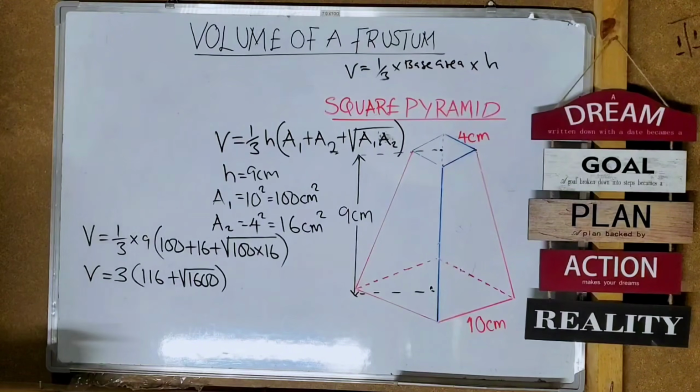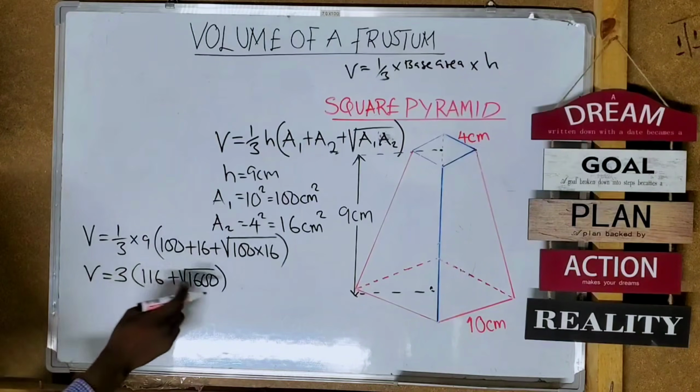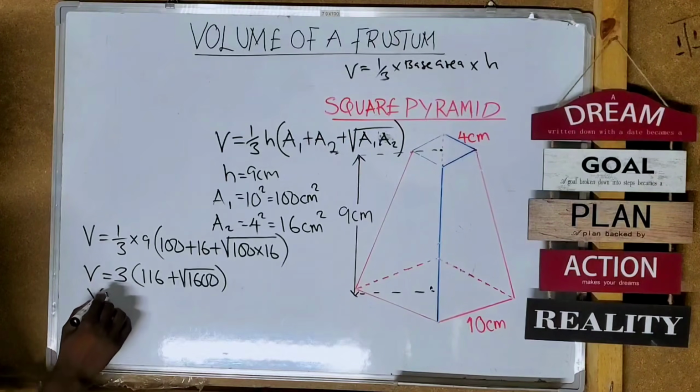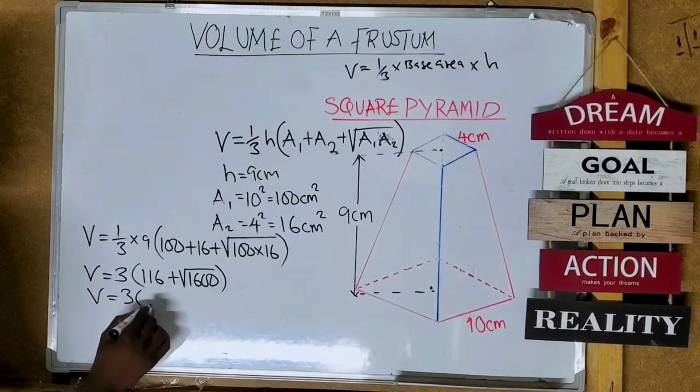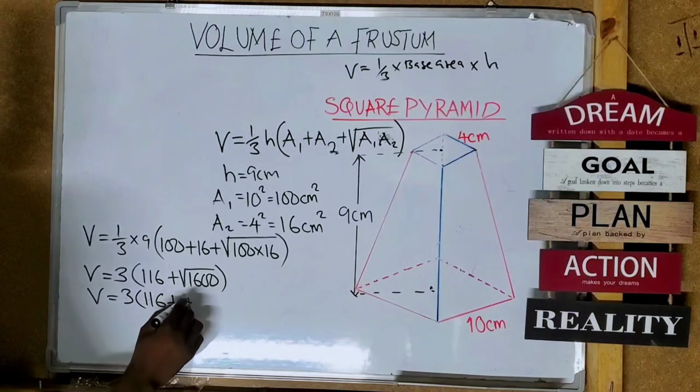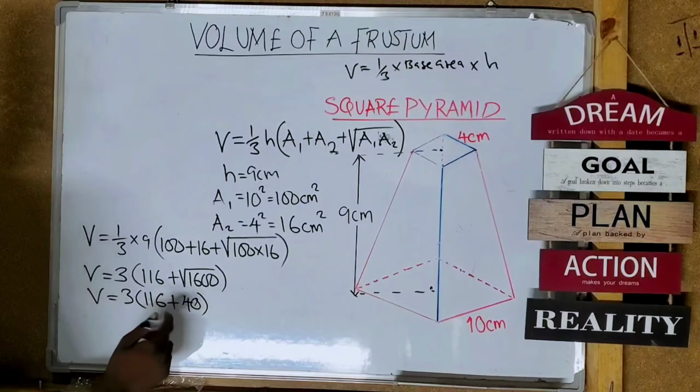At this stage, I'm going to find the square root of 1,600, so 40. So we have volume is equal to 3 multiplied by 116 plus the square root of 1,600, which is 40.